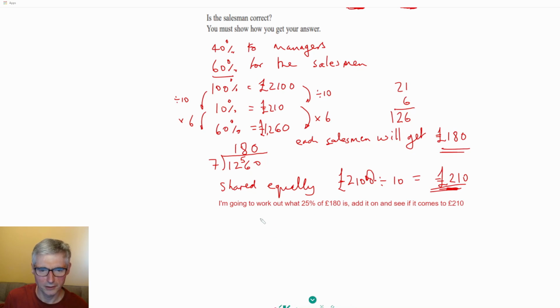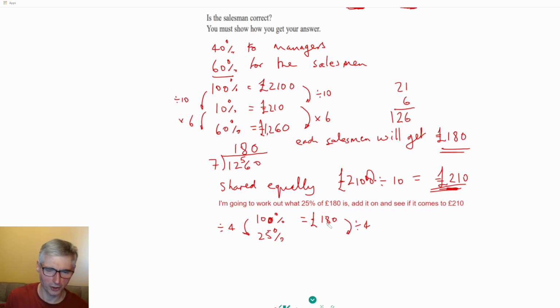We'll call 100% equals the 180. To get to 25%, which is actually a quarter, we're going to have to divide by 4. So I'm going to have to divide that by 4 as well.